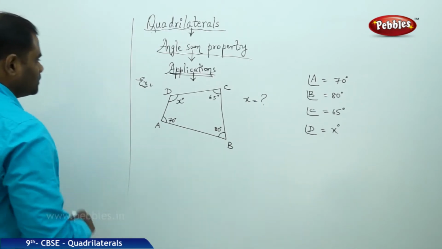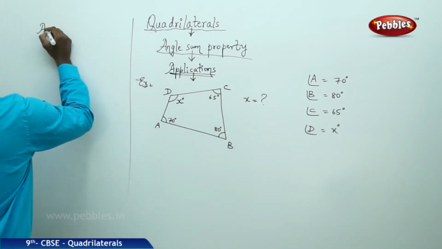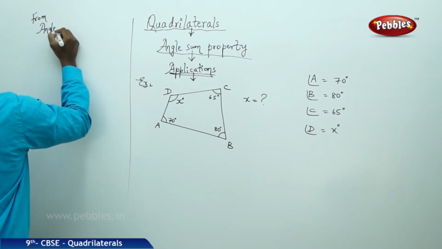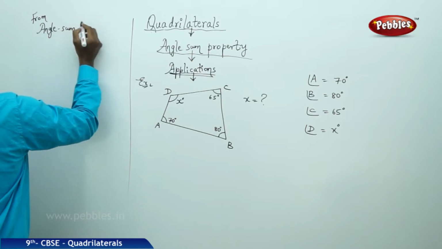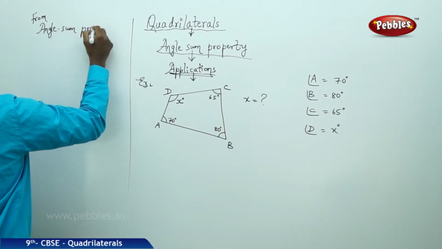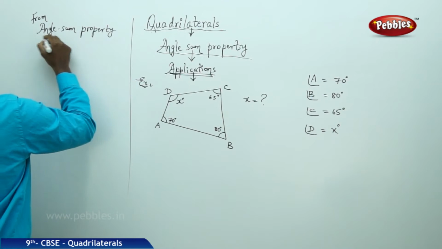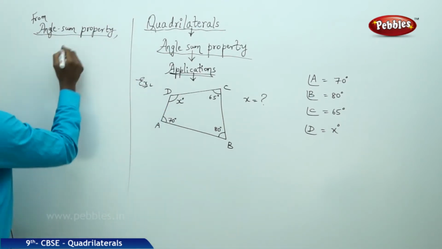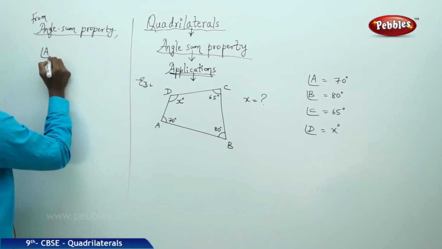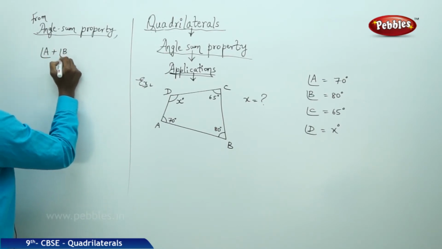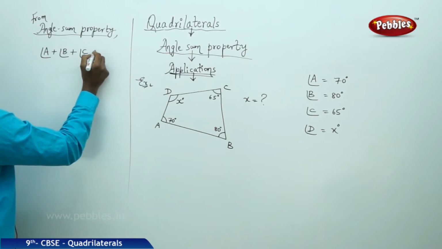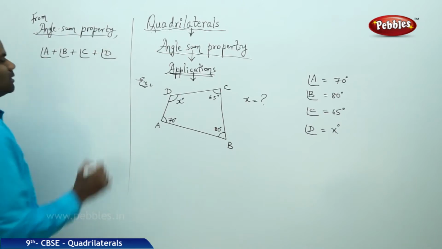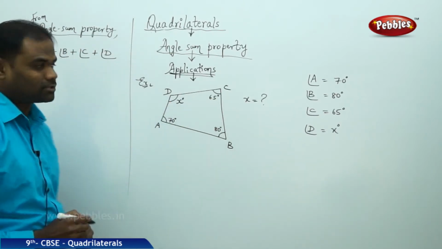Now clearly, from the angle sum property, for quadrilateral ABCD, we have angle A plus angle B plus angle C plus angle D, all sum equals 360 degrees.